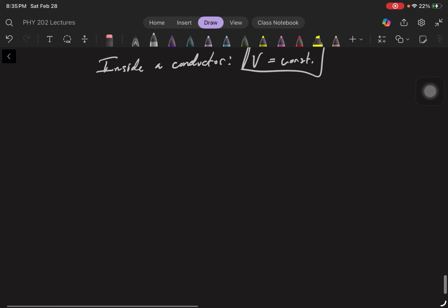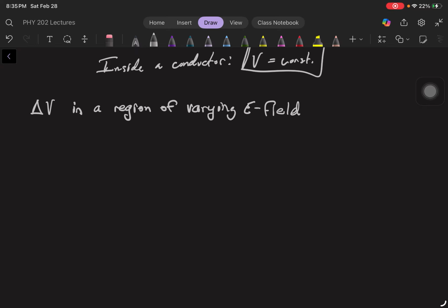Okay, and so now let's talk about the potential difference in a region of varying E field. Okay, and so what you're going to want to do there, step 1, choose a path and divide it into pieces.